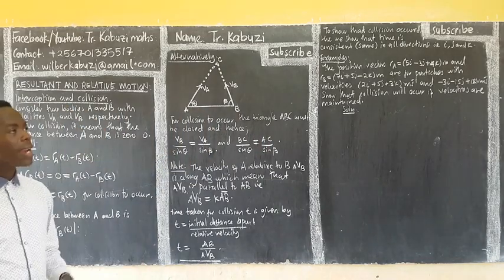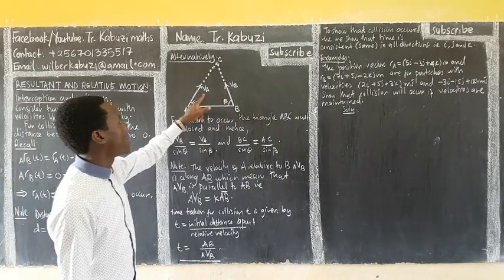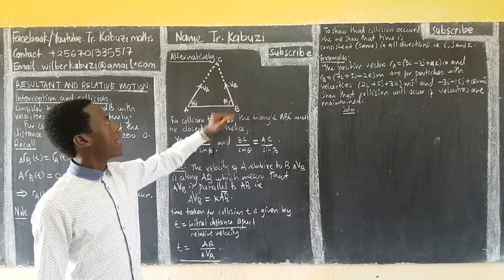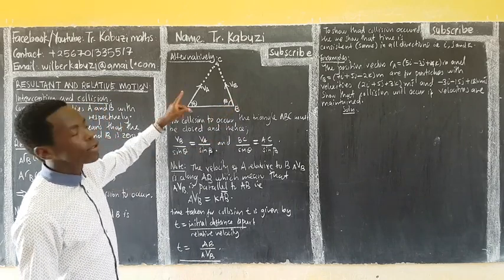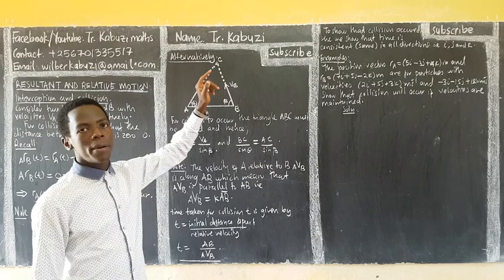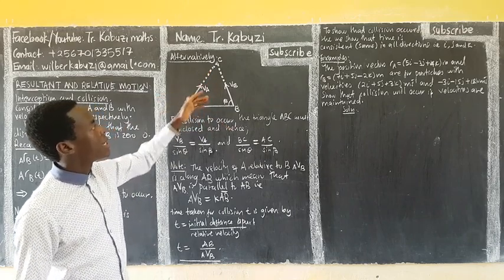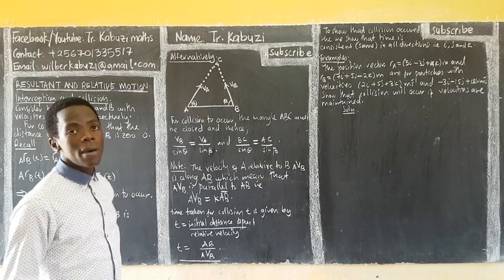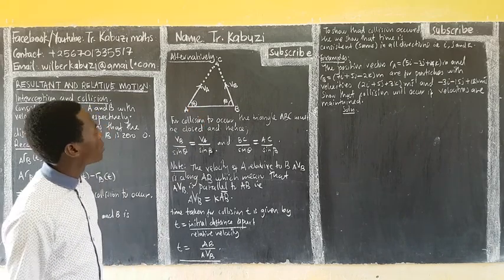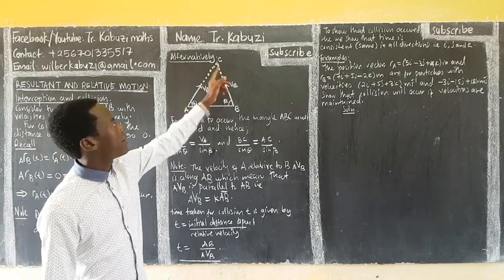Alternatively, this is how you can handle it. If you have A and B, remember this is moving at velocity A and this one at velocity B. For them to collide, they are going to meet at a certain point, and they will form a triangle there.